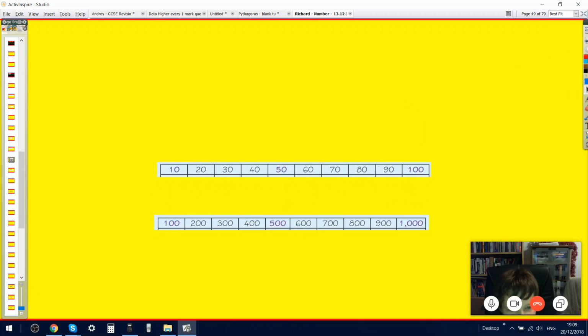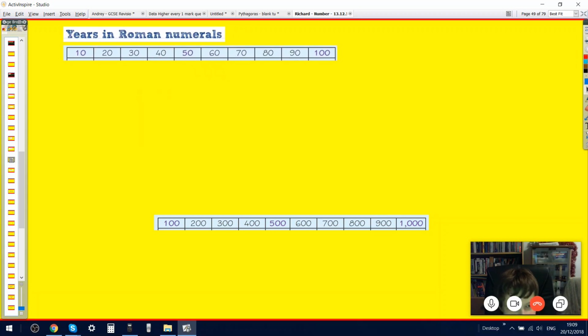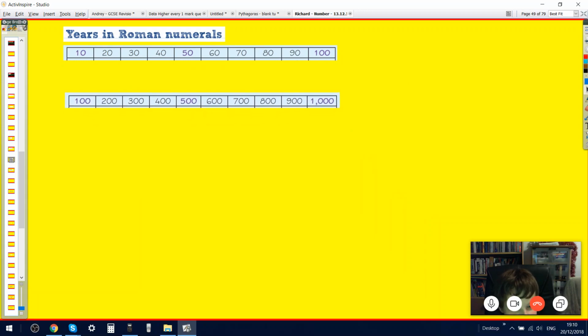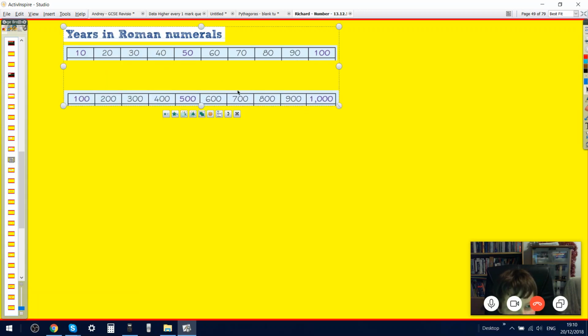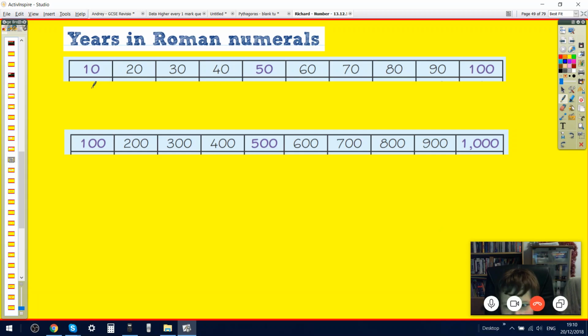Okay, we'll see if you already know these. You might not. Which of these do you know? Well, I know the 10 is an X. Okay, and is that the only one? No, I know more. Go on. The 20 is 2 X's.